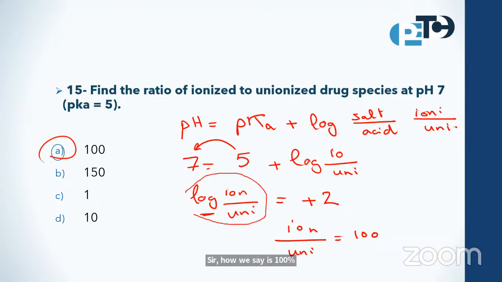When the log value equals plus 2, this means that the ratio of ionized over unionized equals 100, or 100 over 1. This means that if this amount is 100, this amount will be 1. This is the ratio, or by another way, 100 to 1.